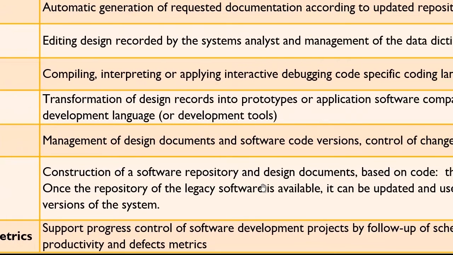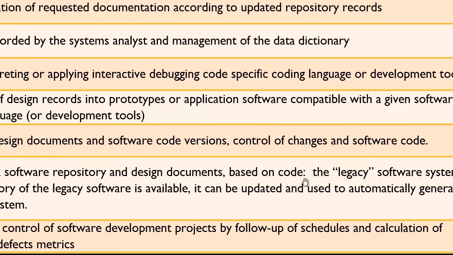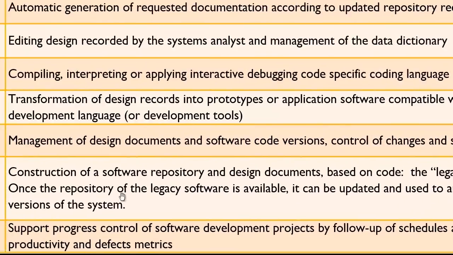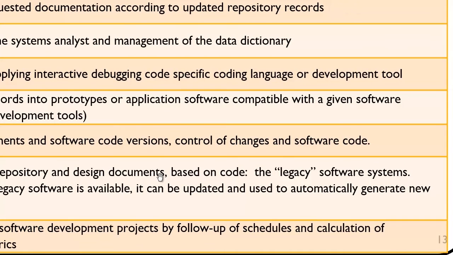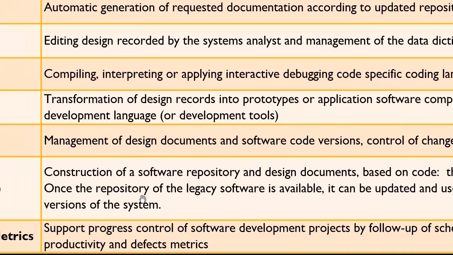Construction of a software repository and design documents based on the code. Once the repository of the legacy software is available, it can be updated and used to automatically generate new versions of the system.